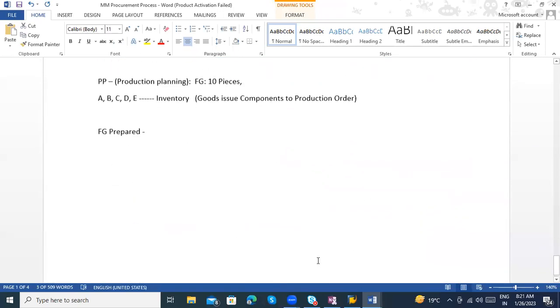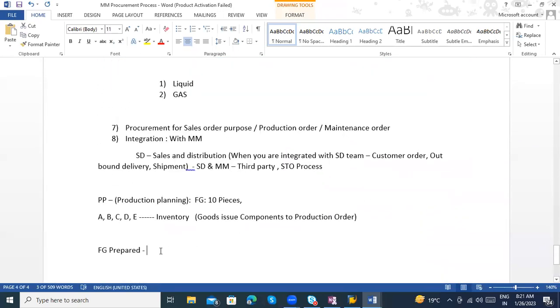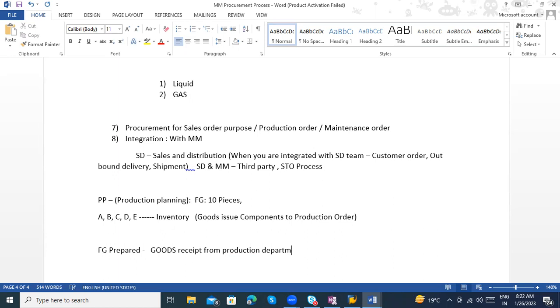As material management people, we also consider inventory management, so storing the stock is our responsibility. Once FG is prepared, goods are received from the production department. What are we receiving here?